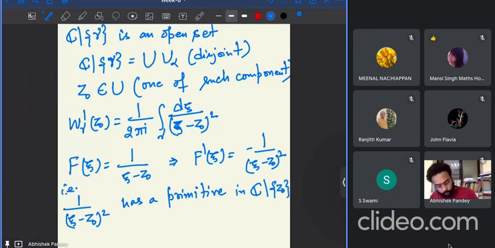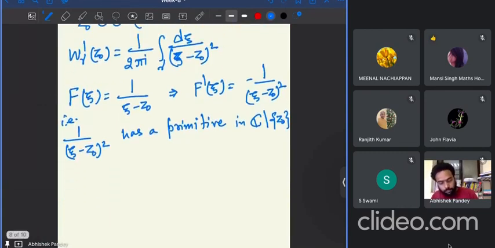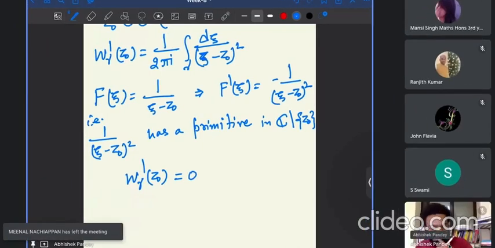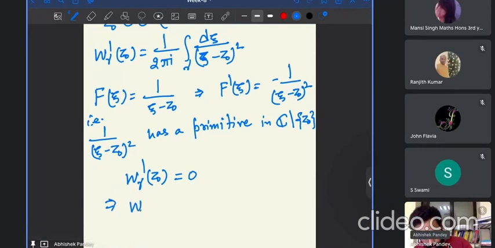Okay, so now since this has a primitive, this integral will be 0. It means that W gamma of z naught is basically 0, and this means that W gamma is constant on this component.